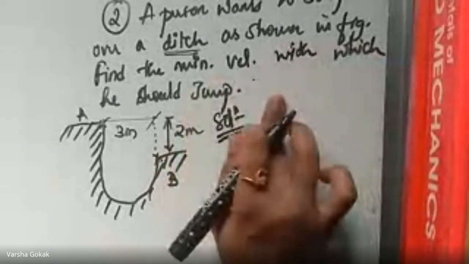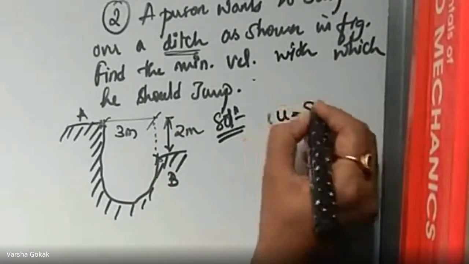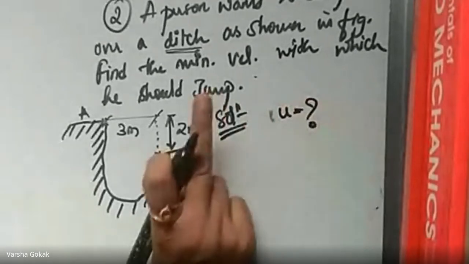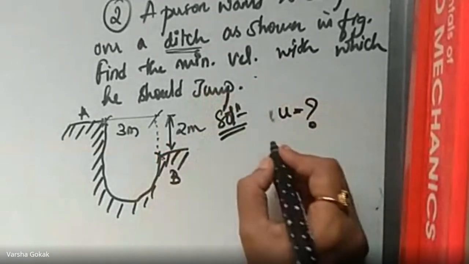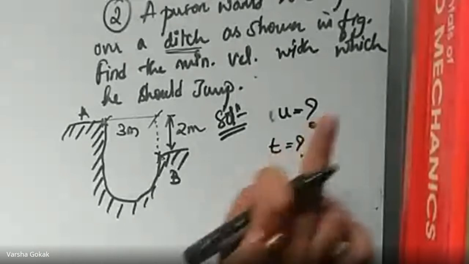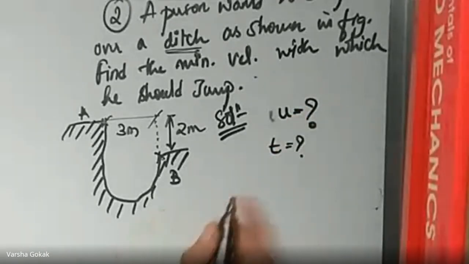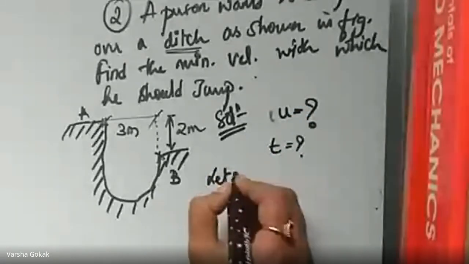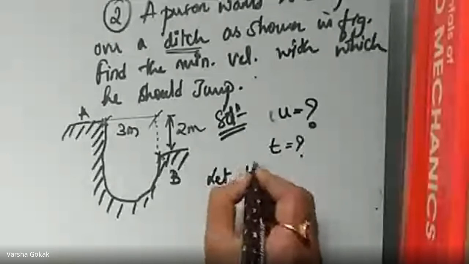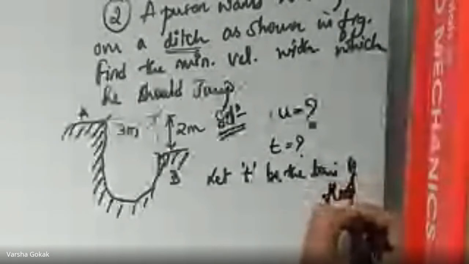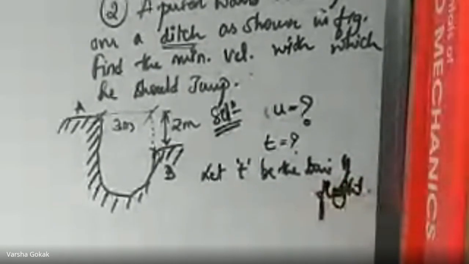That means I need to calculate the velocity u. They have not given us anything about time, so I have to find time also. So let us assume that t is the time of flight.